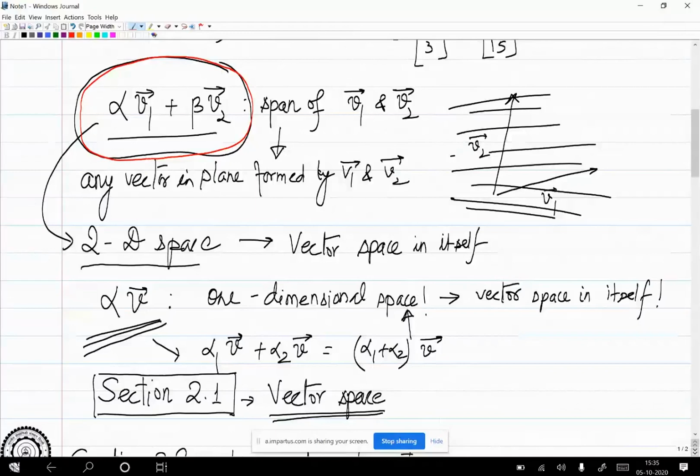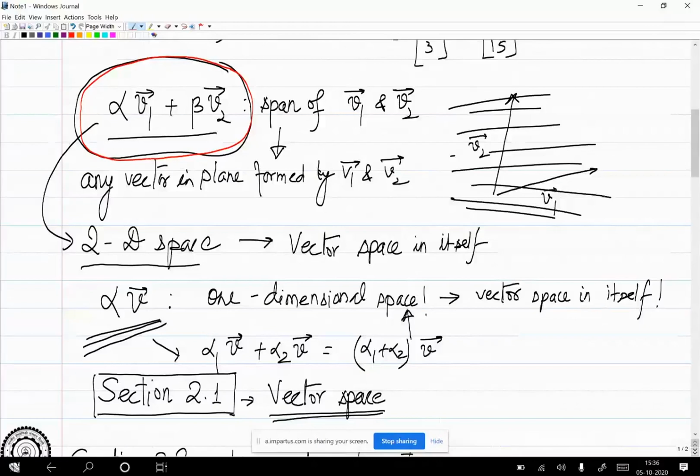For alpha 1 plus beta 2, this span, right? Span of V1 and V2. So this forms a vector space, and what is the dimension? 2, right? So 2D space. Yes, so it is 2. Very good.